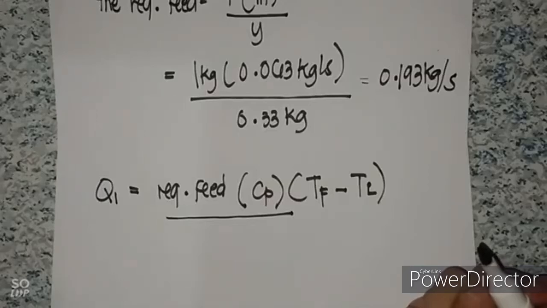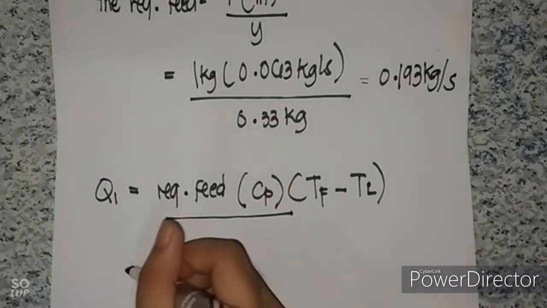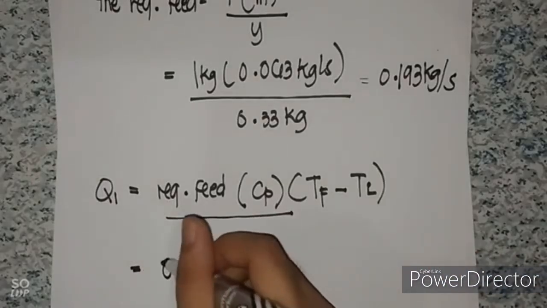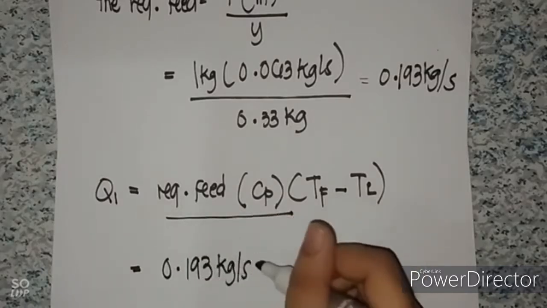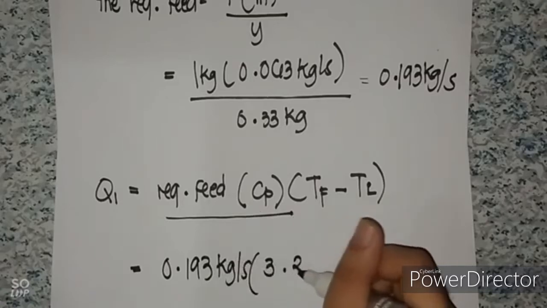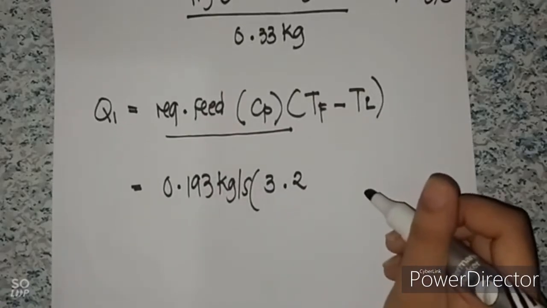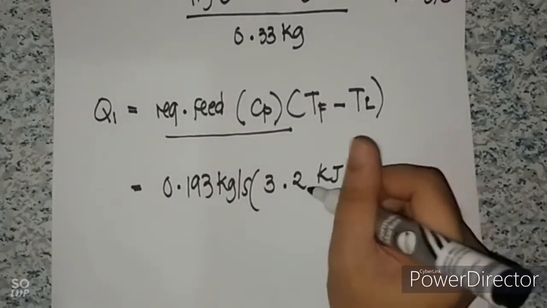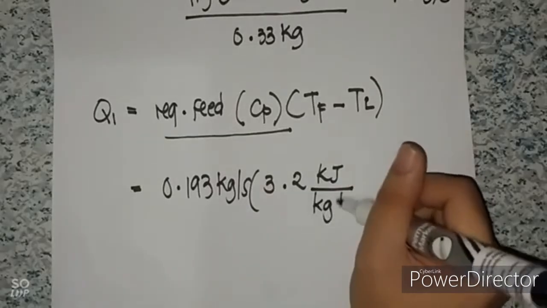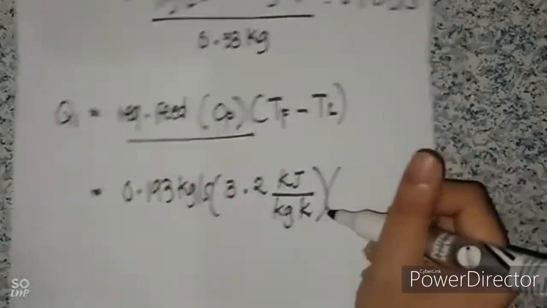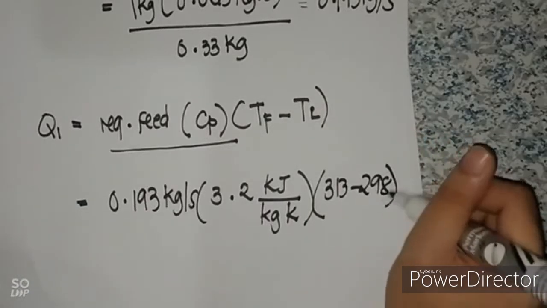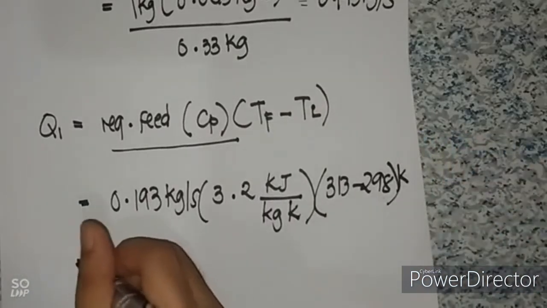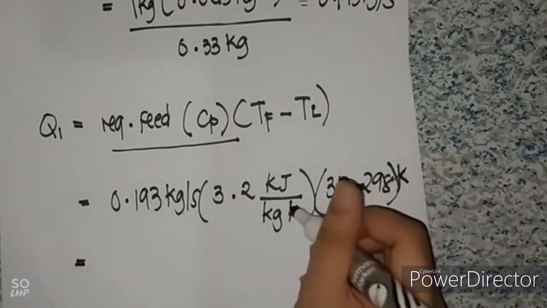Substituting all the values: 0.193 kilogram per second times the specific heat, 3.2 kilojoules per kilogram Kelvin, times the temperature in the feed, 313 Kelvin, minus the temperature in the liquor, 298 Kelvin.